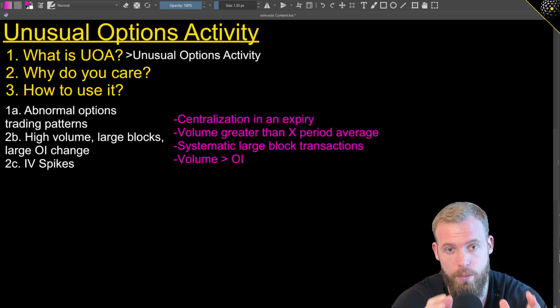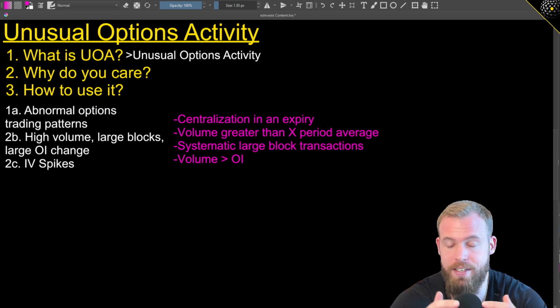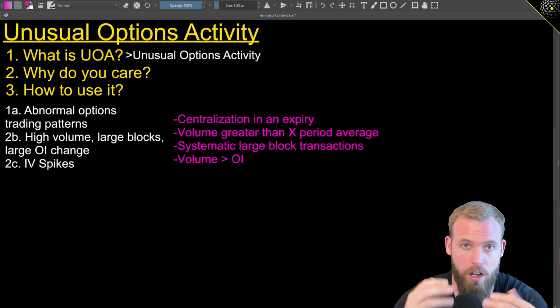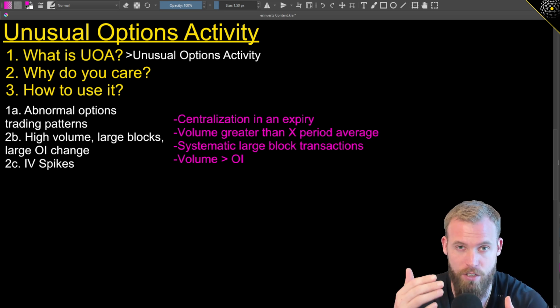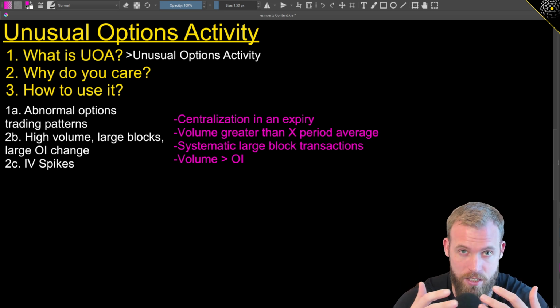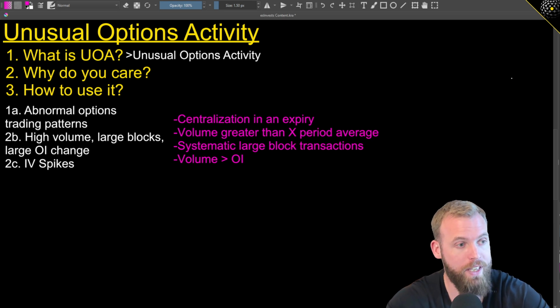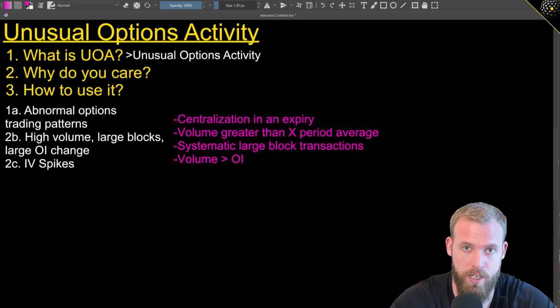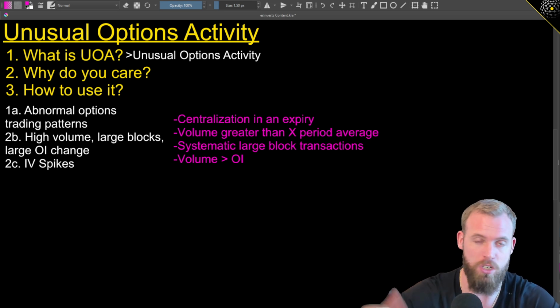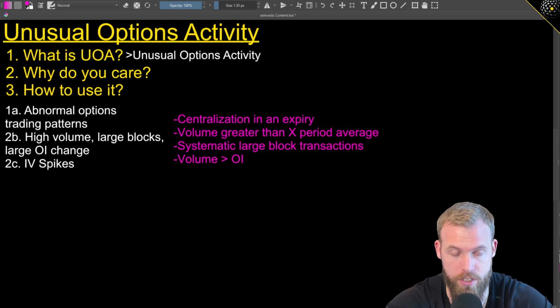A lot of times that will stem from an institutional position. Now, it's really important to note, this is not the holy grail of trading options. This is way more detective work where we try to assess a probabilistic scenario. For example, if we see a massive block trade come through, it's some institution that wants to put on a big position for whatever reason.